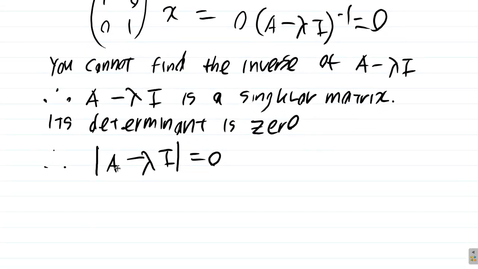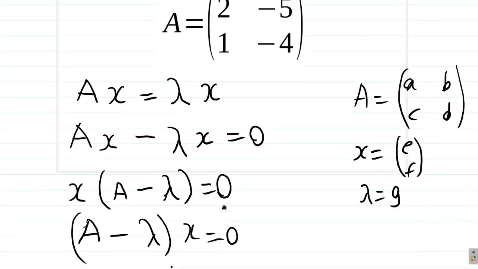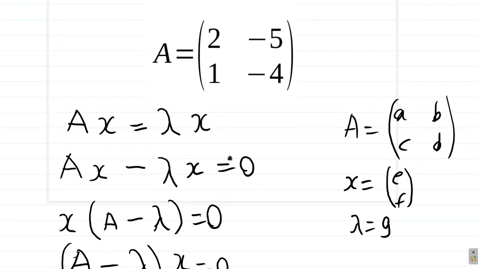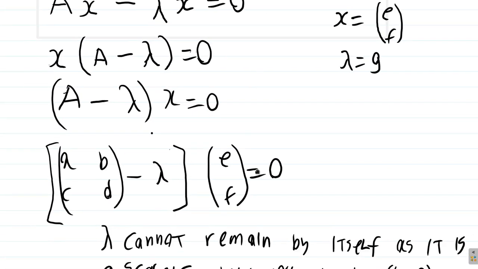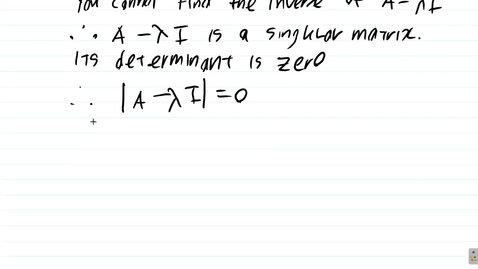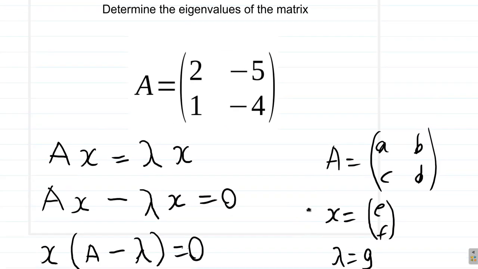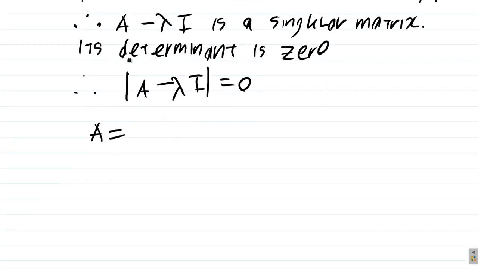Now, if this is the case, the determinant of A minus lambda I is 0. And remember now, A is this. Since A is equal to, what was it again? 2, negative 5, 1, negative 4.